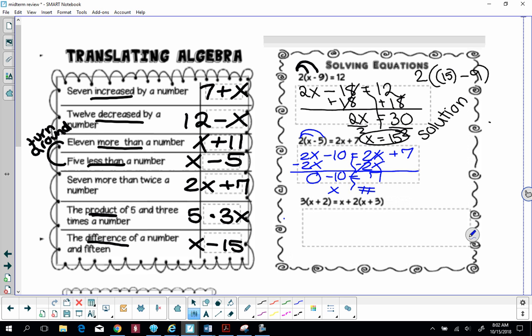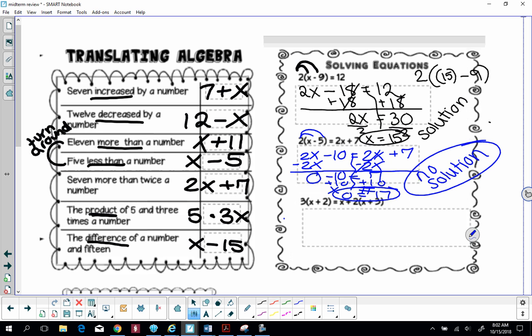How do I get the number to that side? Add, right? So what is 7 plus 10? 17. So you end up getting 0 equals 17. No x, nothing like that. A number equals a different number. If a number equals a different number, what's the solution? No solution. Parallel lines, I don't think they'll mention this, but they have no solution.